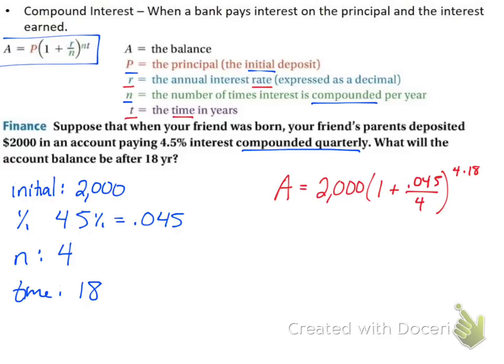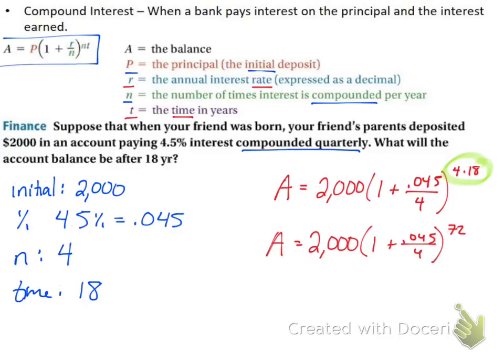So when you're doing this, this is the only one that's a little bit different. I can't just plug it in as is. I have to do the exponent first, or else it'll do it incorrectly for me. So 4 times 18 in your calculator gives you 72. So that's the only thing I need to simplify before I do anything else. So 72 for my exponent.